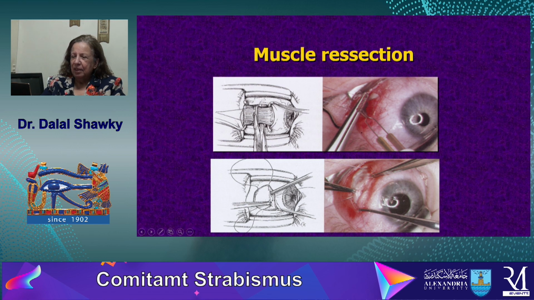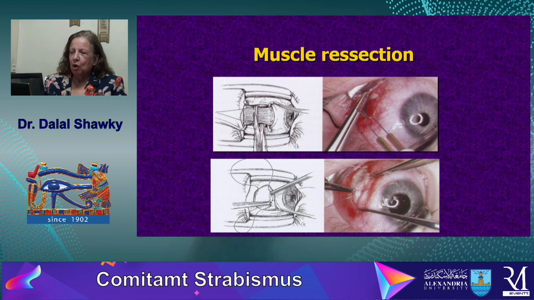Then we cut the muscle here in front of the sutures and cut it again here, the other part at the tendon of insertion, and this part is the resected part. Then the rest of the muscle here is secured and attached to the original tendon of insertion and tied, so that the muscle is shortened and strengthened. This is the muscle resection to strengthen the muscle.